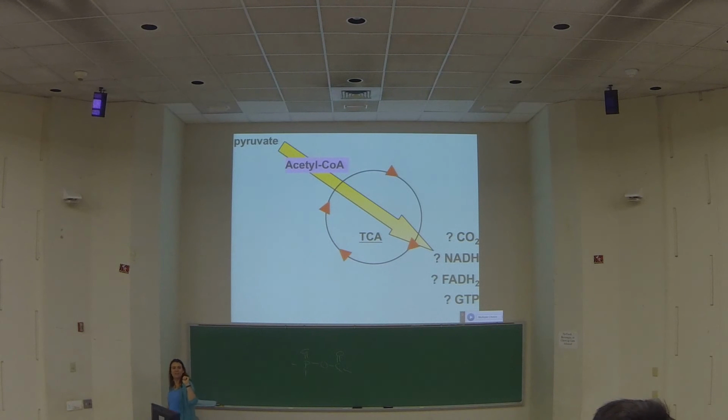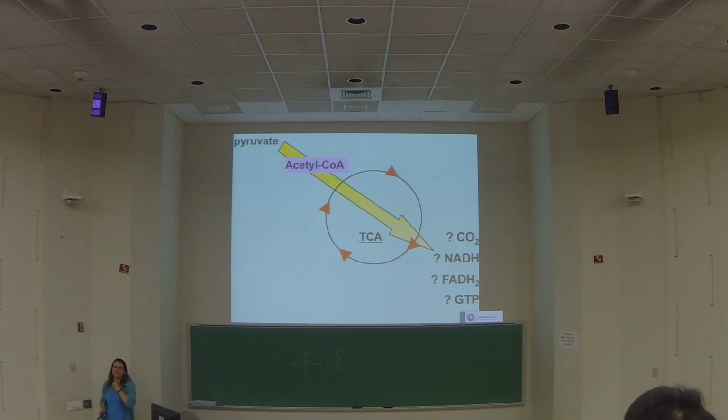I think we took the one we mentioned before. Very good, I even forgot to count that one. All right, so if you're coming from pyruvate all the way through, then it's 3 CO2. If you're going just from acetyl-CoA through the TCA, then it's 2 CO2.